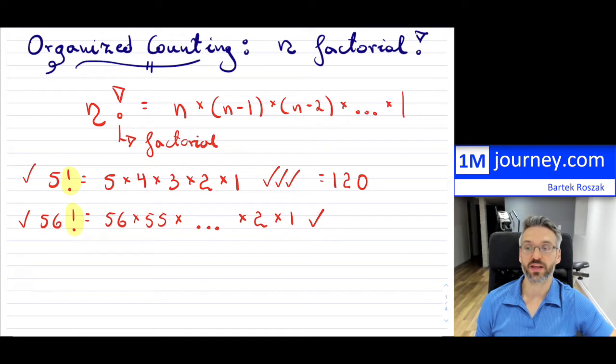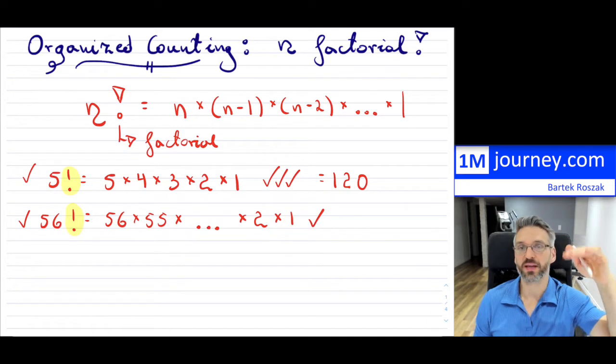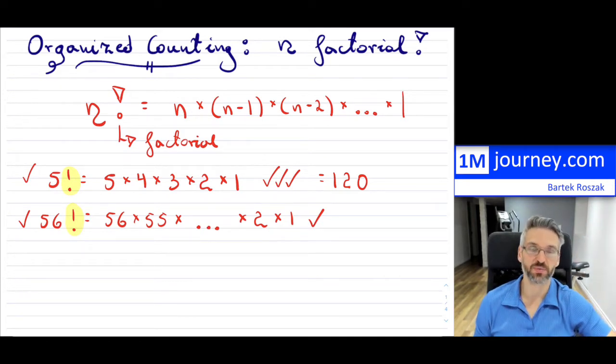Now, please do be careful because depending on your calculator, it might have an upper bound of how big of a factorial it can compute. So sometimes, some calculators can't really go any further than like 70 factorial or even maybe less, but some of them can actually go pretty high.